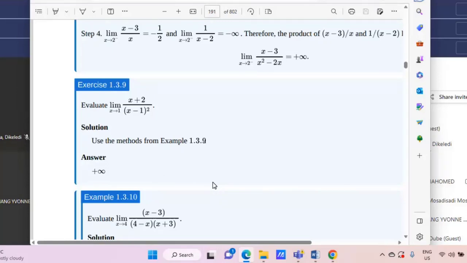Meaning, we'll evaluate this limit when x approaches 4 from the left and see what we get, and also evaluate this limit when x approaches 4 from the right. Are we together? Yes, sir.